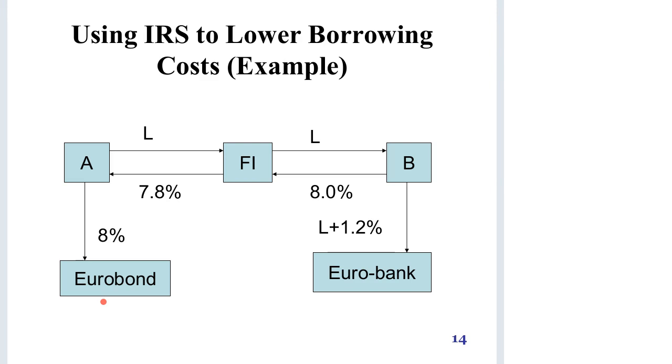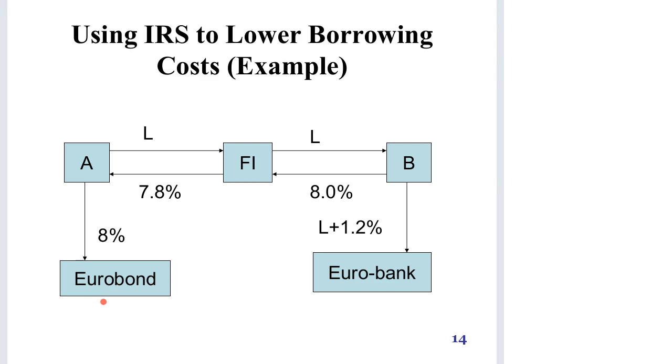So the net cost for B becomes 9.2%. As you see, it was ready to pay 9.5%. If it gets it at 9.2%, it will obviously be happy to take it. Therefore you have a scenario where both A and B have benefited, both of their costs have come down from what they were ready to pay. They're both better off in that sense. And if you look at the financial institution in the center, on one hand it's earning the LIBOR and passing it through, but on the other hand it is earning 8% and passing 7.8% on the other side.